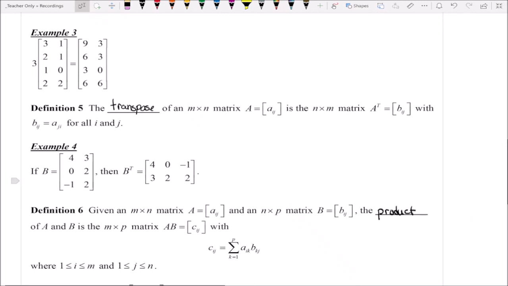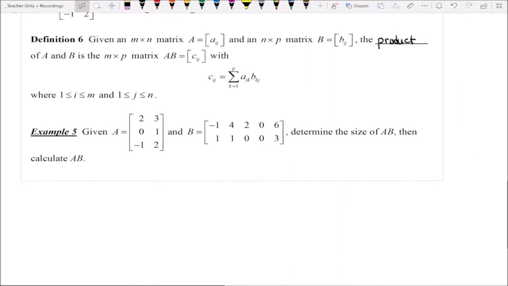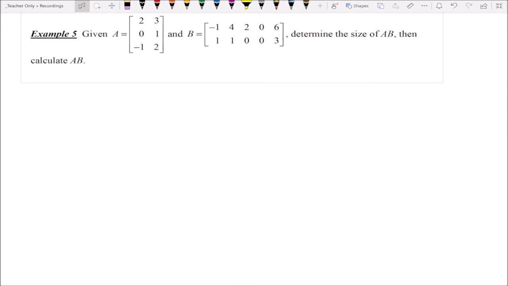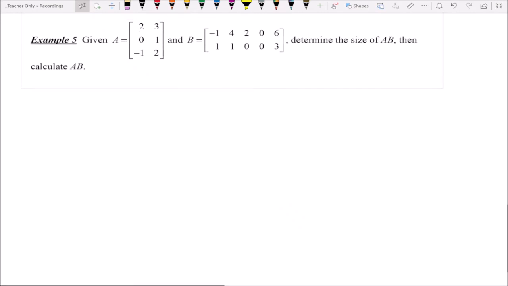Now I know that for many of you this definition may be a little confusing. This definition will make a lot more sense when we actually take a matrix product. So what we're going to do is take the product of matrix A and the matrix B given, and we'll also determine the size of A times B. Now, there's one thing important to note.